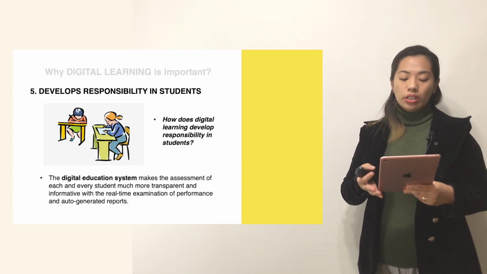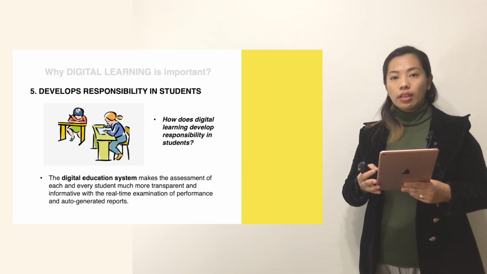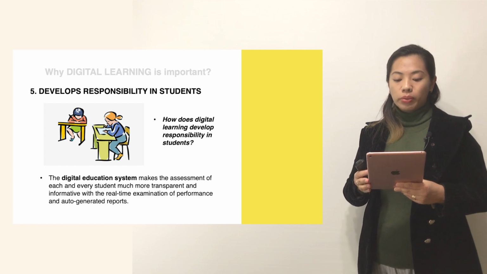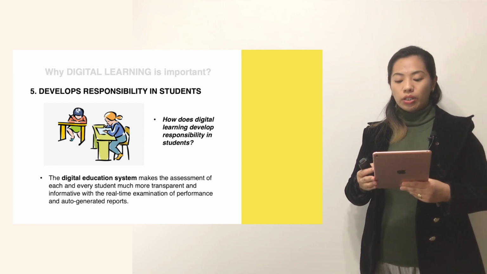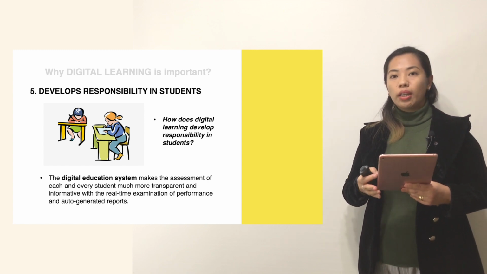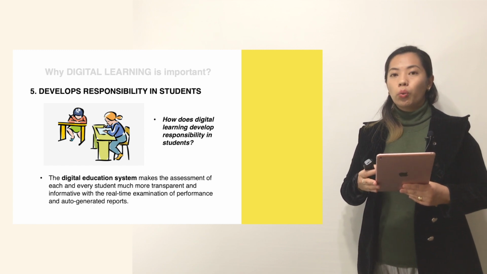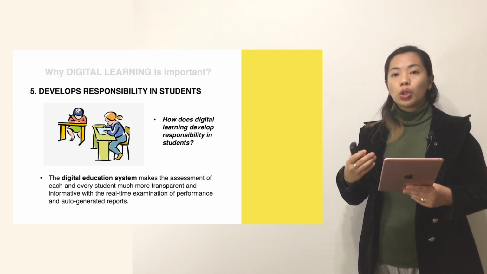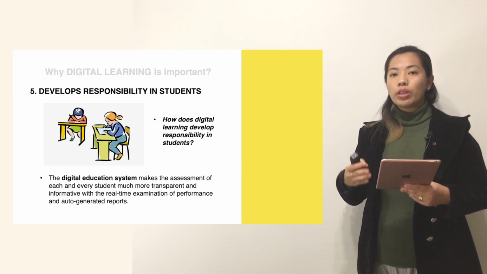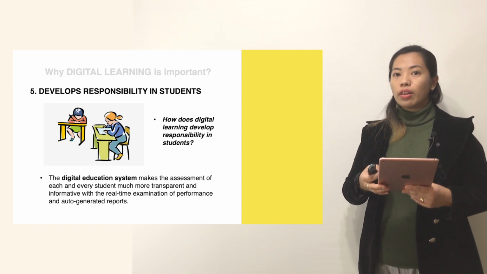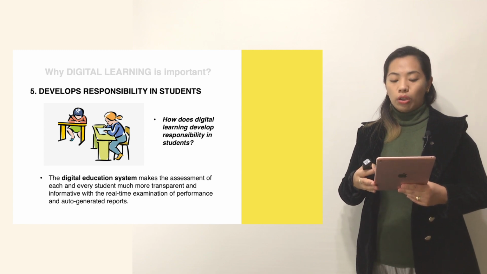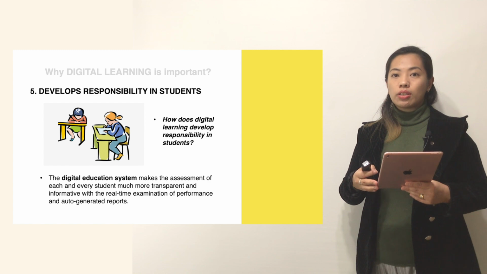Well, the digital education system makes the assessment of each and every student much more transparent and informative with the real time examination of performance and auto generated reports. We have many learning management systems which we can use to show our students their scores and even the reason why their score is either very high or very low. We can make it very transparent using this kind of education system.